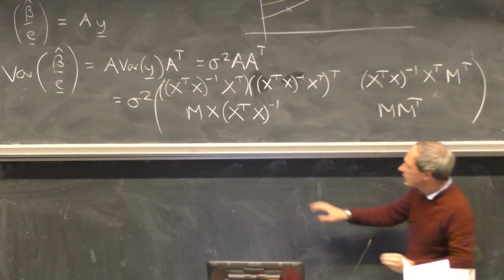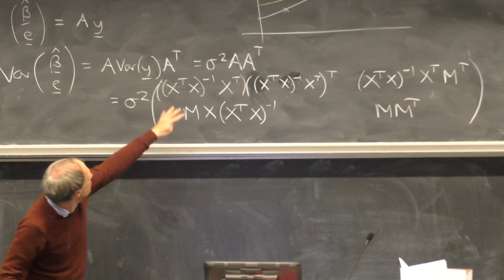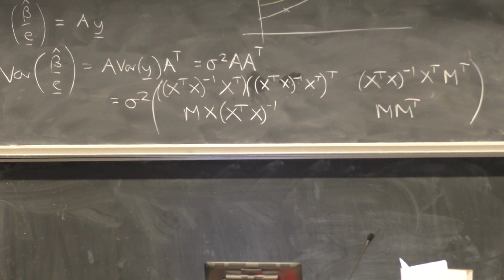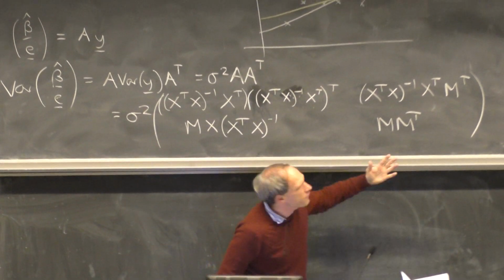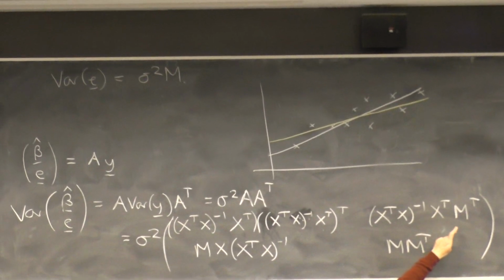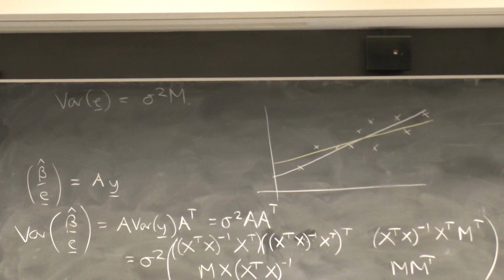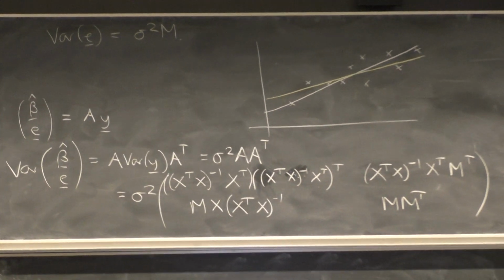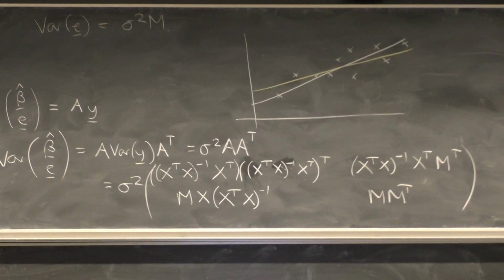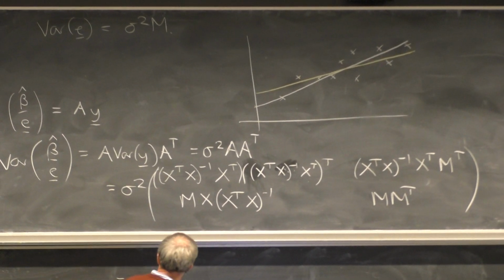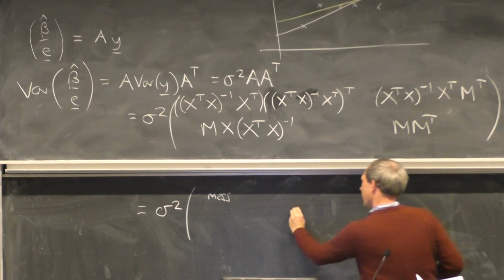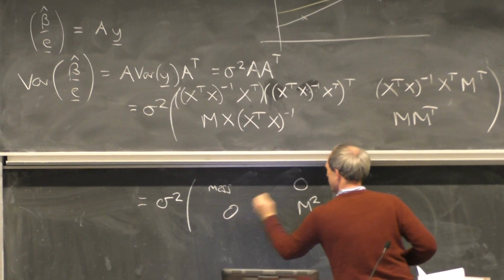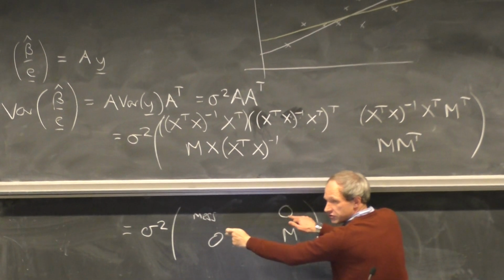Now, the good news is that the mess here doesn't matter because we showed that Mx is 0. So Mx here is 0. Covariance matrices are symmetric, and x transpose M transpose up there is therefore just the transpose of Mx. It's also going to be 0. So we actually get sigma squared times, I'll just write mess rather than writing it out in full, M squared down here, but the key things are the zeros here and here.